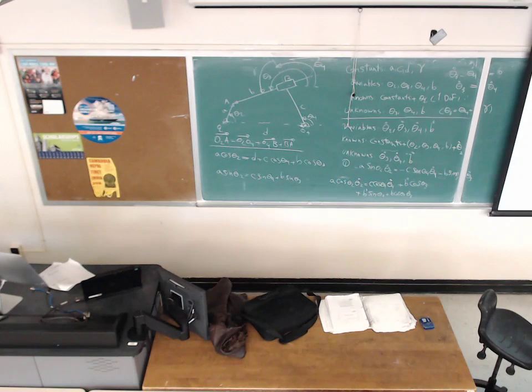So now form the matrix A, matrix X, and matrix B. Here I'm going to write the unknowns, which are theta dot 4 and b dot. It doesn't matter which one goes first.